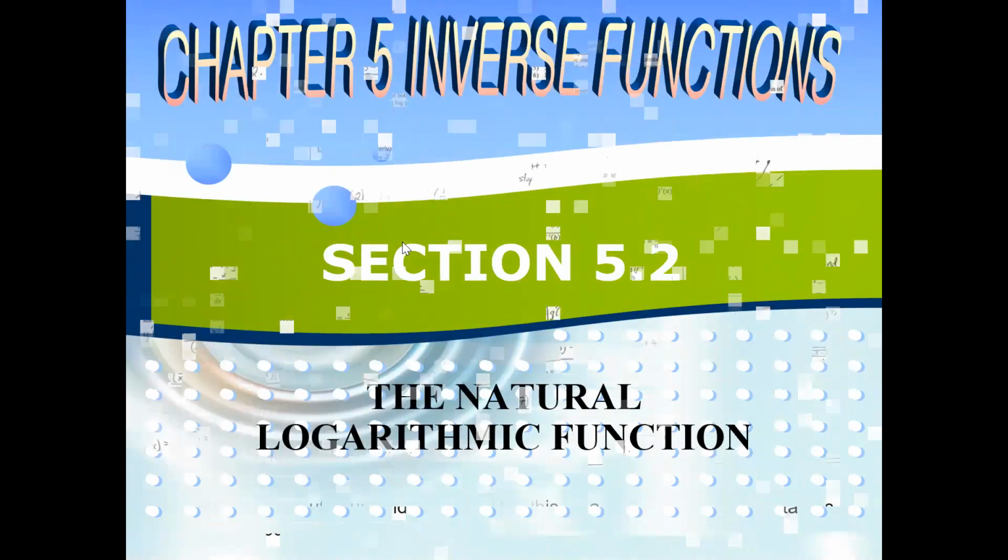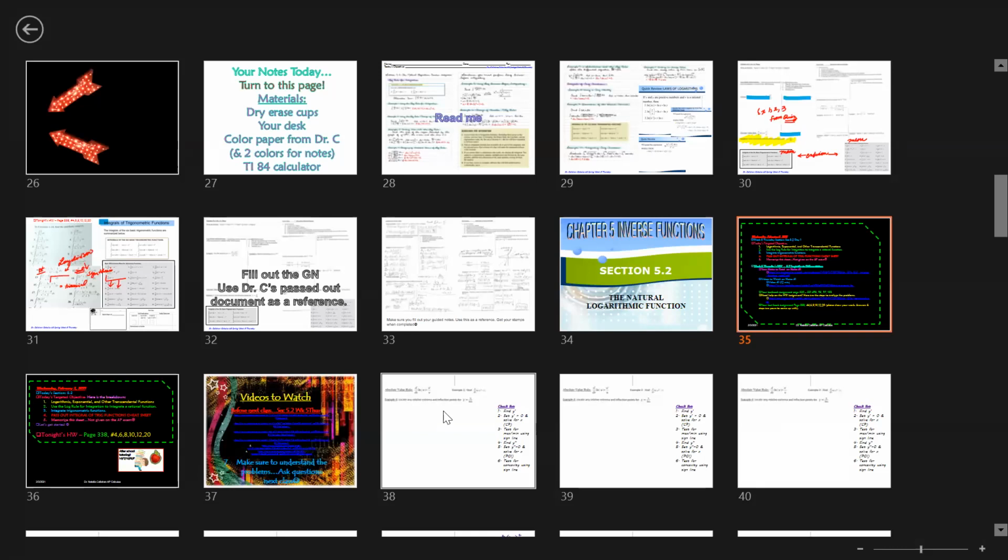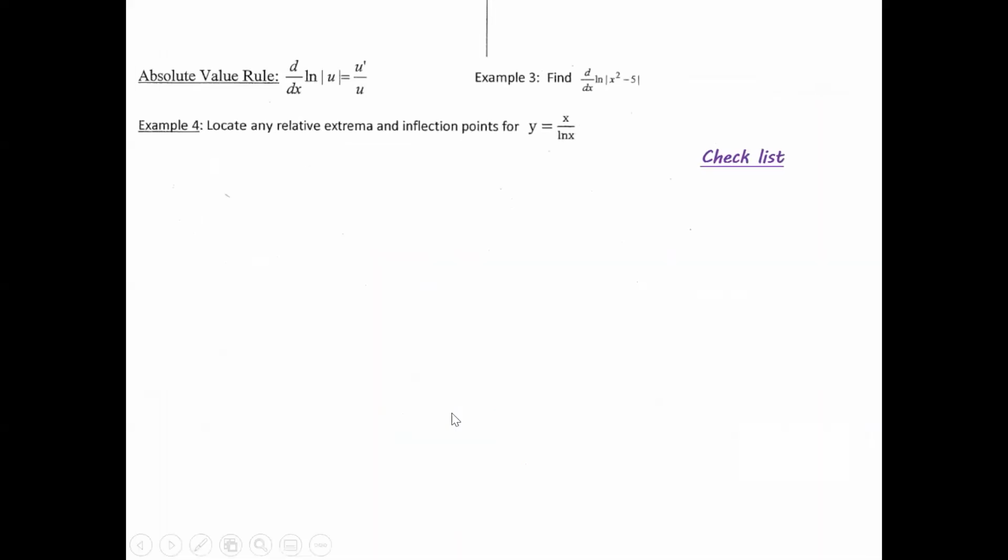Okay, so we're going to go over a quick question. It's actually just one question, but this one question is going to take us quite a long time to cover. So go ahead and turn over to page week 5 Thursday, and it is example 4.